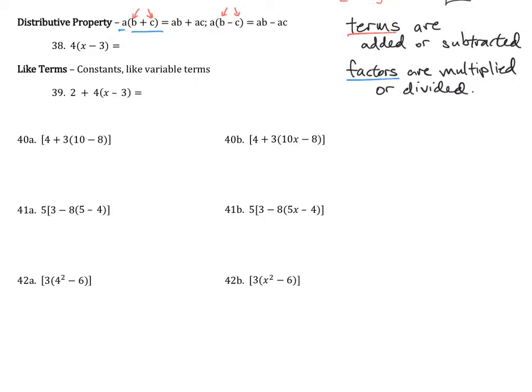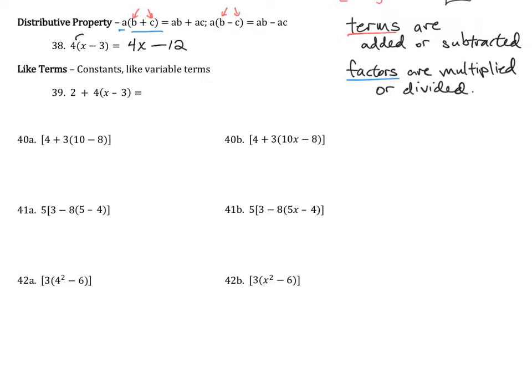So for example, in number 38 here, we have our first variables, awesome. We have 4 times x minus 3. All we have to do is multiply the 4 times the x and the 4 times the -3. 4 times 3 is 12, and there's a subtraction happening in between them.